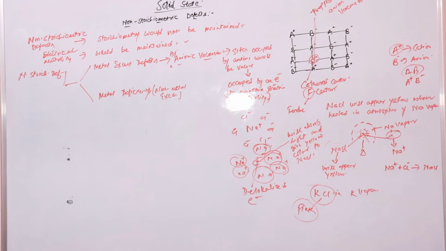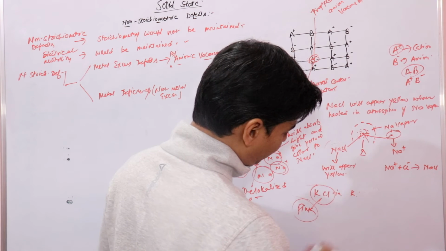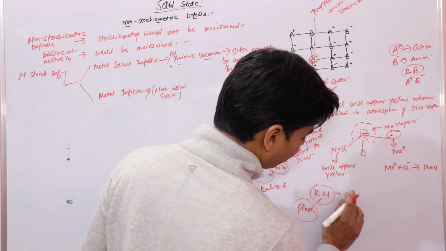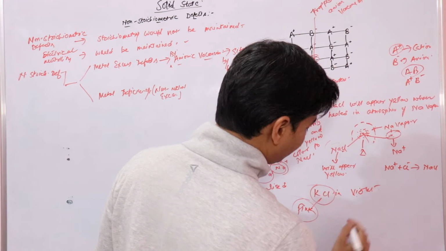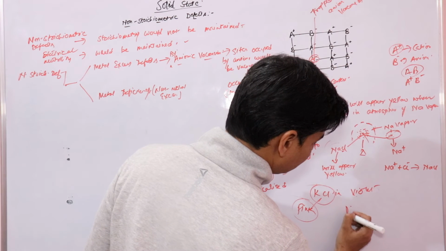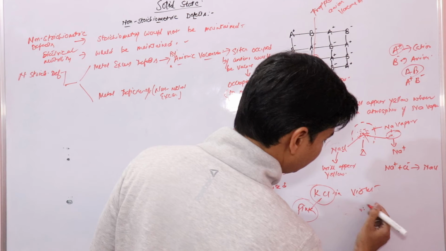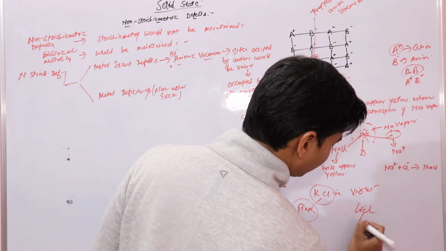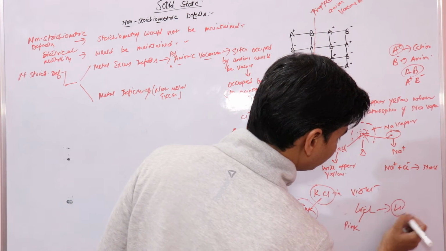Similarly, we have another example, lithium chloride, which appears pink. In case of potassium chloride, it will not appear pink, it will appear violet. Lithium chloride will appear pink when heated in lithium vapors.